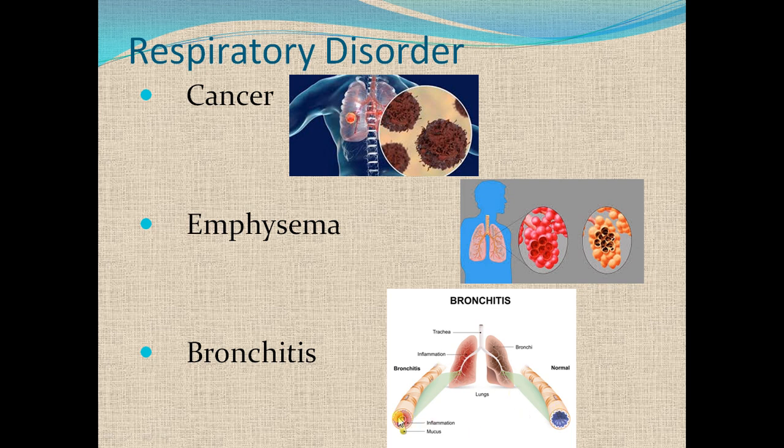This inflammation reduces the ability of the lungs to absorb oxygen, and there is a hurdle in the path of the air. This disease is usually caused by bacteria, but smoking may also make this disease worse.